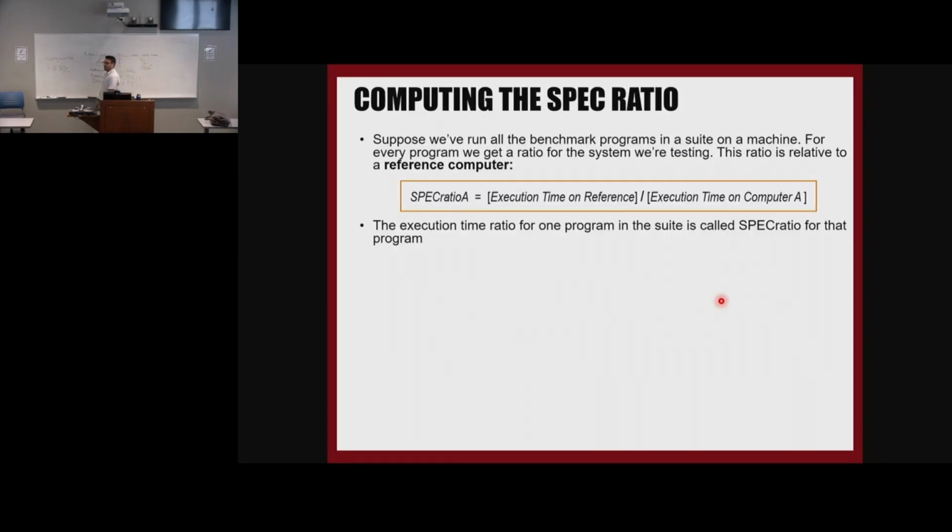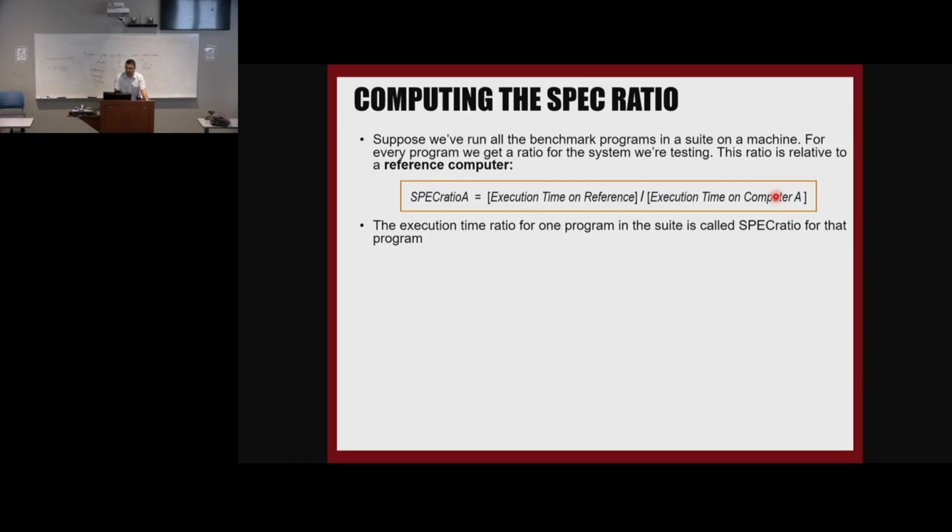So how can we calculate a SPEC ratio? Usually we need to have a reference computer, so they give us information about the reference computer, and we calculate the SPEC ratio based on that reference computer. SPEC ratio is pretty much like performance. It's a relative performance. The equation that you see here, we're familiar with it because we're familiar with the performance equation. It says SPEC ratio A equals execution time on the reference computer divided by execution time on computer A, which is also equal to performance A divided by performance of the reference computer.